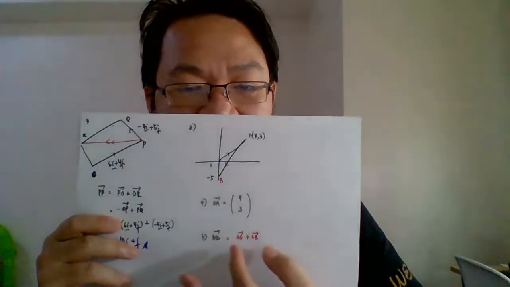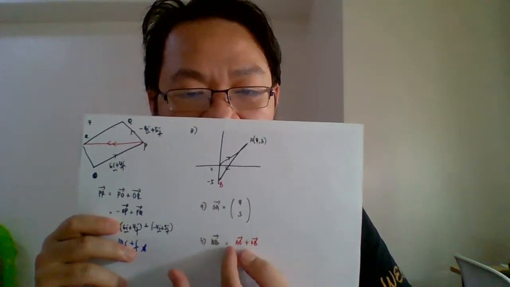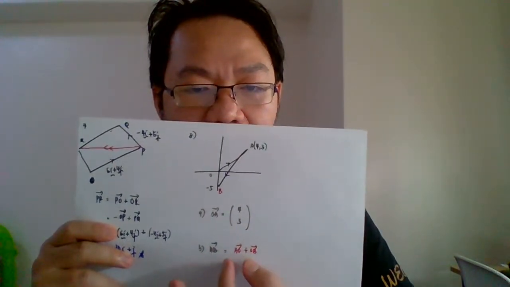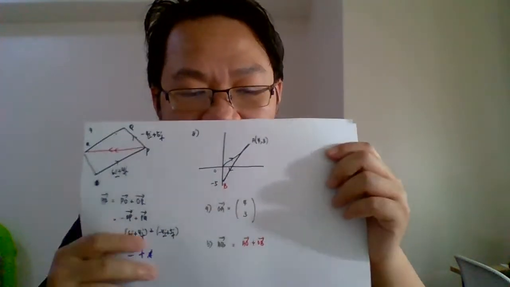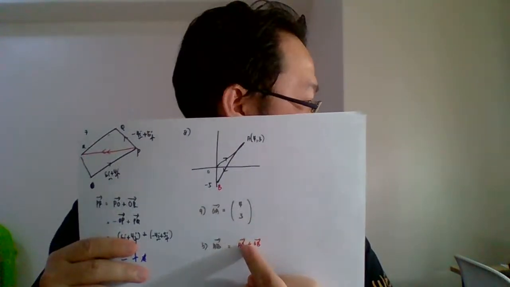Okay, guys. How to solve AB? AB, I told you, you need to produce the formula, right? It's supposed to be AO plus OB. Okay, this is how we express AB. It becomes AO plus OB. AO, opposite direction. Oh, sorry.